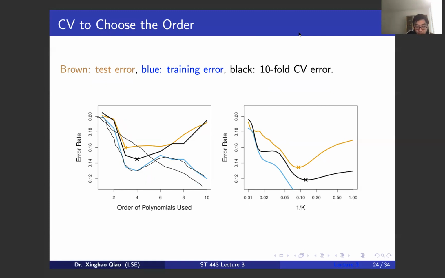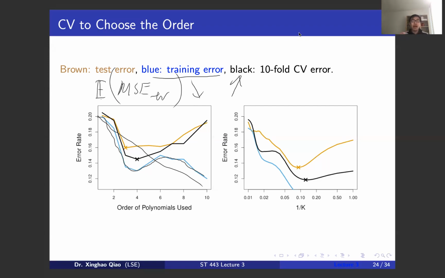If you calculate the expectation of the mean square error for the training data set, then by some mathematics you can show that it will decrease as the model flexibility increases. However, the training error we calculate here is the sample mean square error, calculated from the data, not from the expectation.